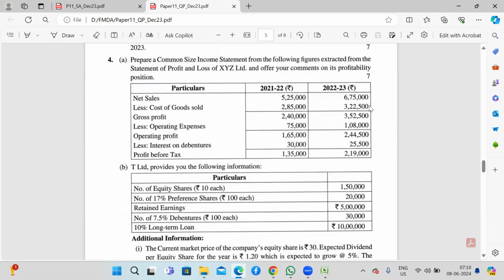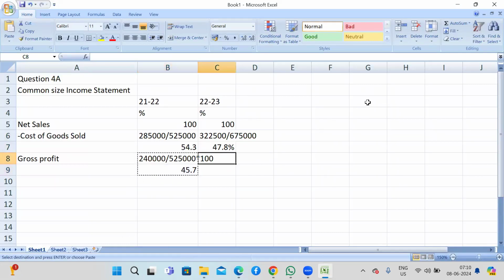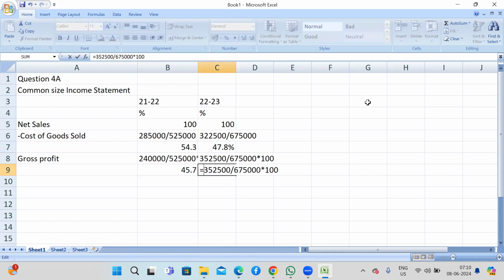Here 350 divided by 675. So 52.2%. So everything should be divided by net sales.